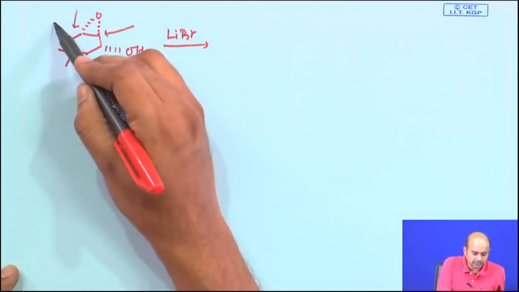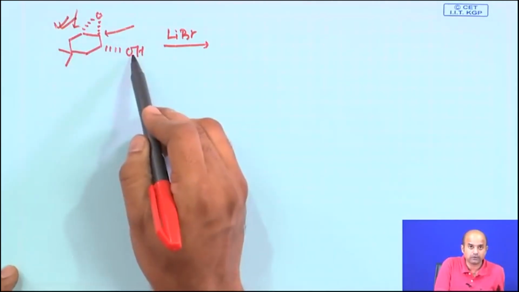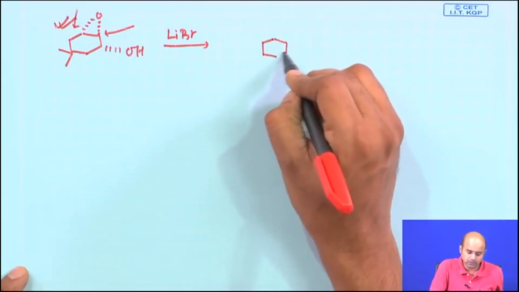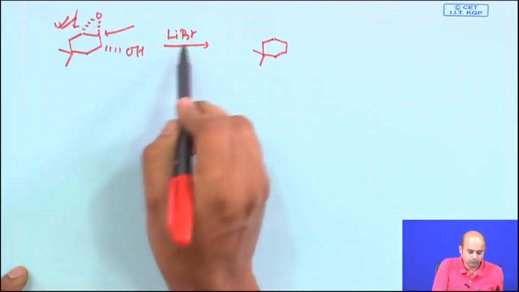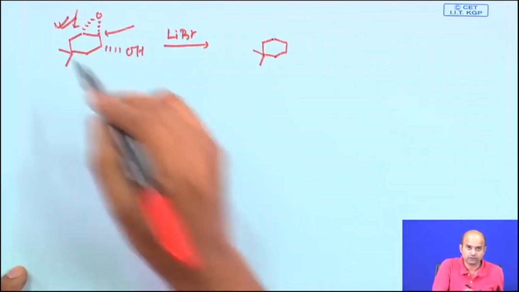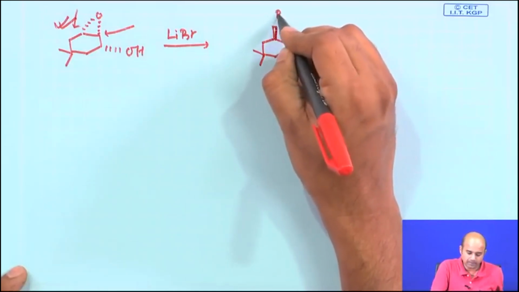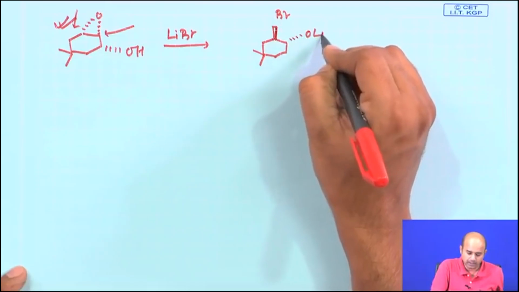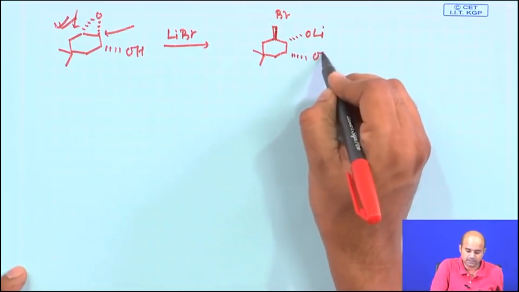This side attack is much more facile because it is sterically less crowded. This side you have a hydroxy group. So, then you will get a product, this side epoxide is below. So, Br minus or nucleophile will attack from the opposite face. Opposite face attack means Br will be above. Okay. Opening of epoxide you will get the OLi and this stereochemistry is now OH.